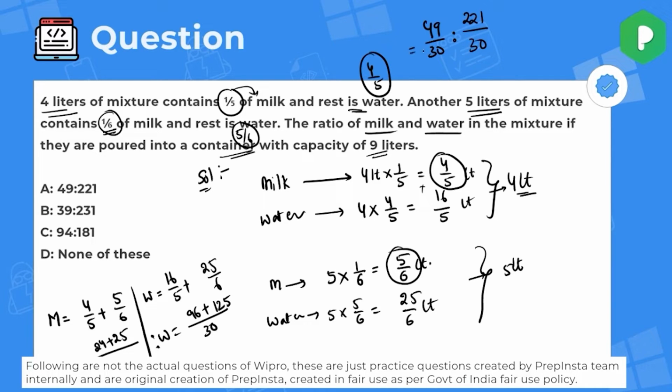Whenever the denominators are equal, just cancel them out. And we have obtained 49 is to 221. There are no other numbers dividing these two numbers, 49 and 221. Yes, no other numbers are there. So yeah, option A is your answer.